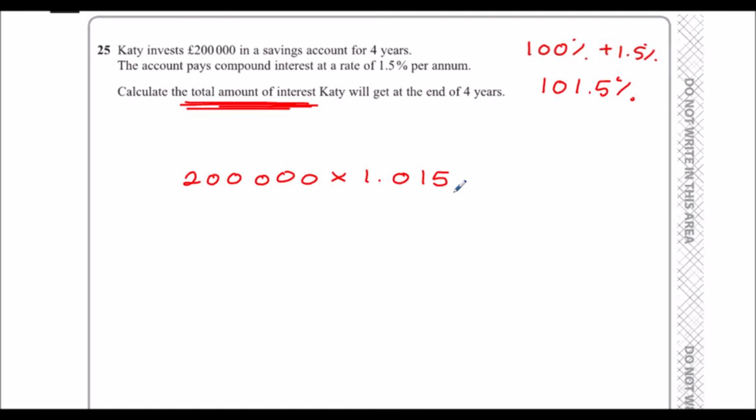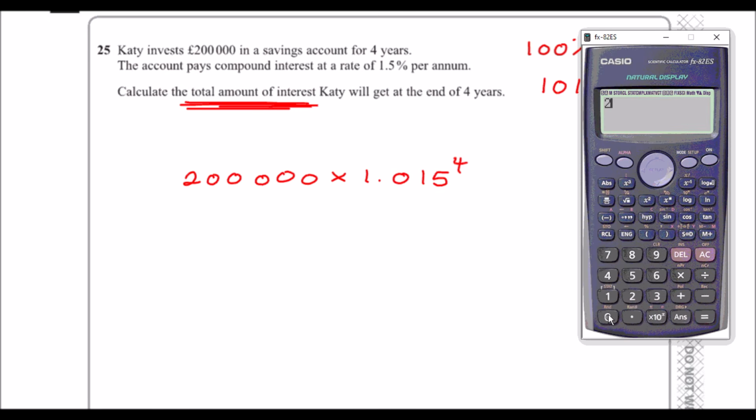So it's times 1.015 for the first year, times again 1.015 for the second year, and again for the third year, and again for the fourth year. But instead of writing this 4 times, we can just put a power of 4. So the number of years is the power. And now we can just type this into the calculator. So 200,000 times 1.015 to the power of 4.